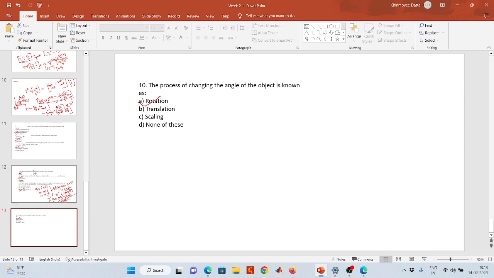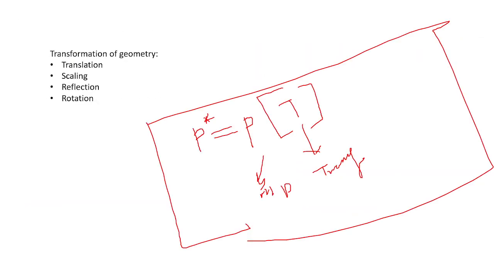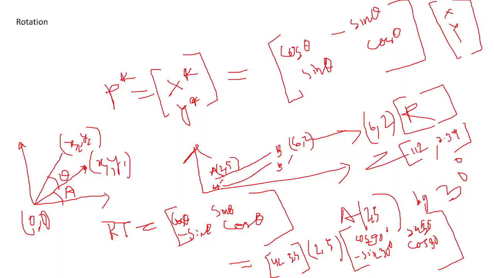See, you can see that graph. A positive value of the rotational angle rotates the object, say for example this one, in the counterclockwise direction. And if the rotational angle has a negative value, then it rotates the object in a clockwise direction.